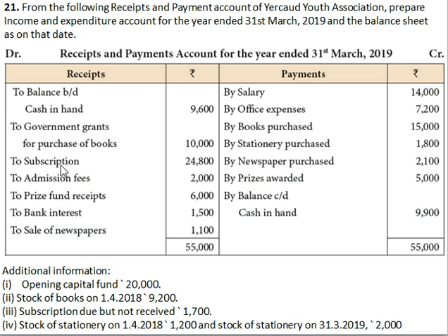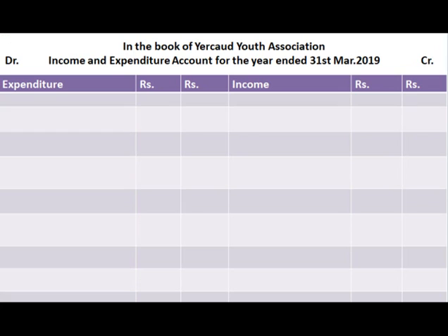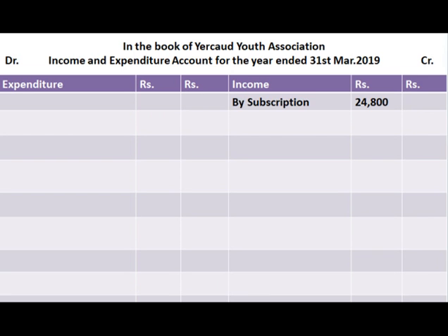First thing is we are going to substitute in income and expenditure account is subscription and the amount is rupees 24,800. This is the format for our income and expenditure account. Now we have to substitute the particular of subscription in income and expenditure account. With the amount of subscription, we have to add the amount of outstanding subscription.